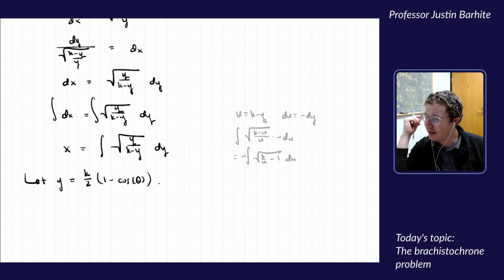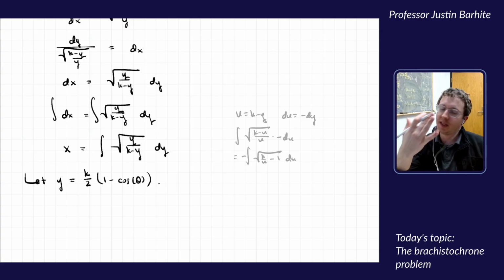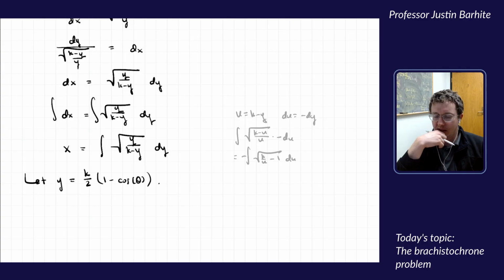Inverse hyperbolic something. Yeah, I don't even know. I didn't come up with this on my own. I looked up a way to solve this problem. This is how my source did it, and I worked through all the details myself, and it does work.